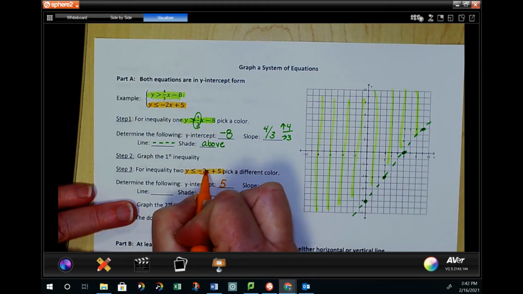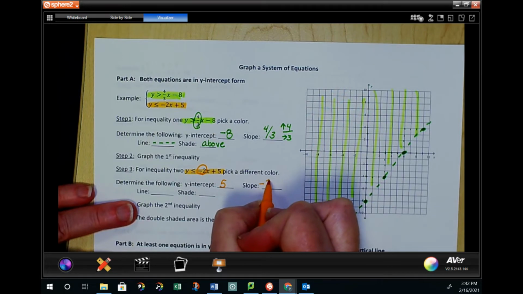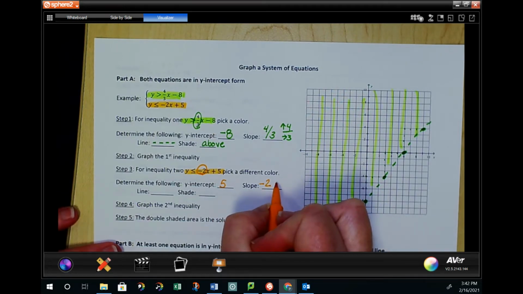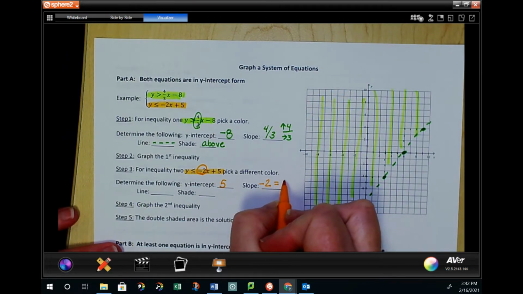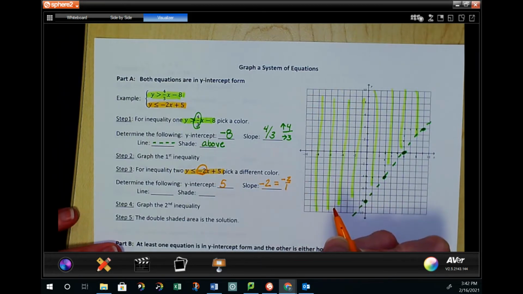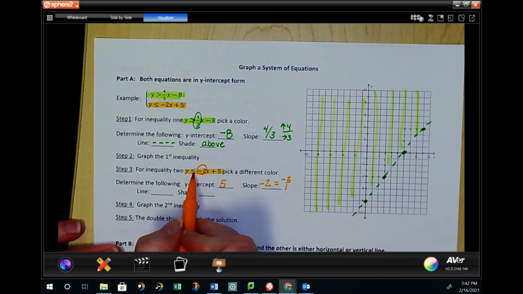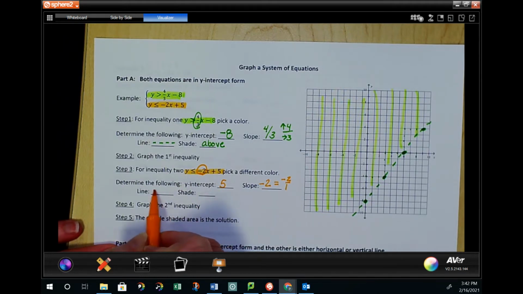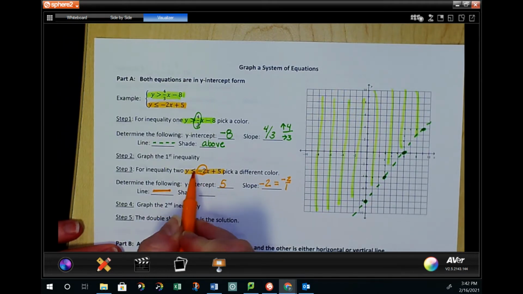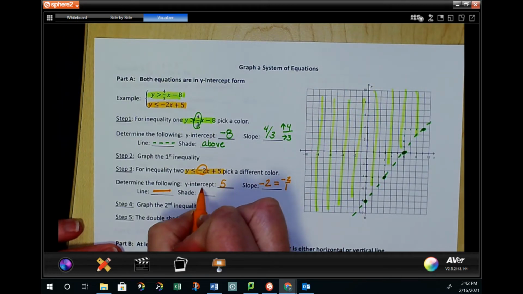And then my slope is -2. Well, when it's a whole number, remember that you always have to make it into a fraction. So -2/1. And now this has a line under your inequality, so that's going to be a solid line, and it's less than, so we're going to shade below.